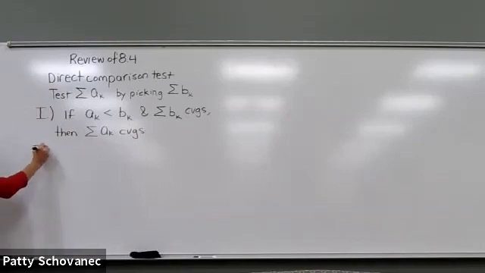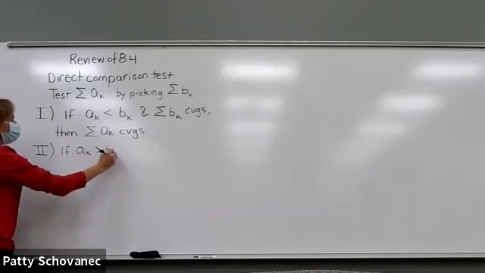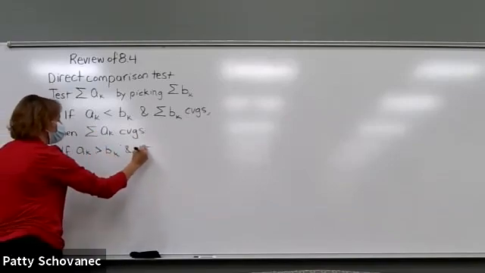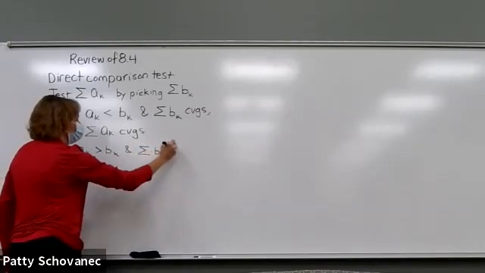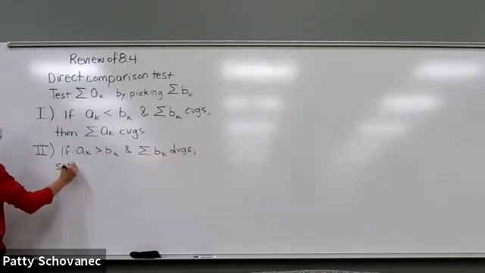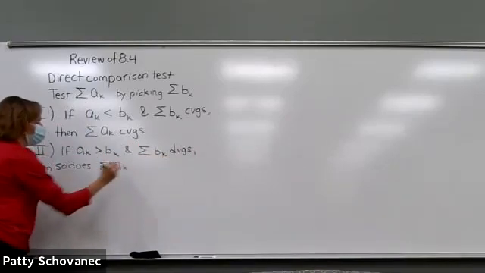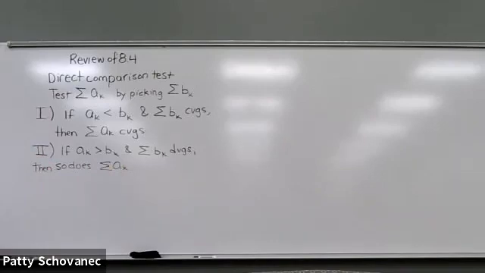On the other hand, if the AKs are larger than the BKs and that known series diverges, then so does this series. Smaller than convergent is convergent, bigger than divergent is divergent.